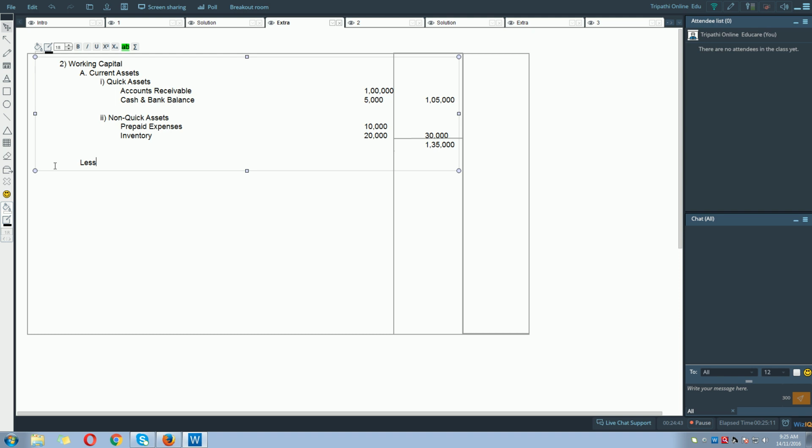Okay. Now B, current liabilities. We will say less current liabilities, B, current liabilities.